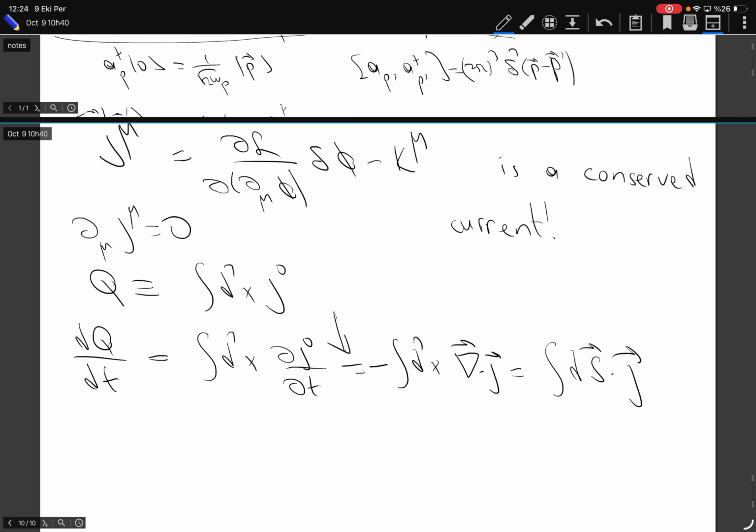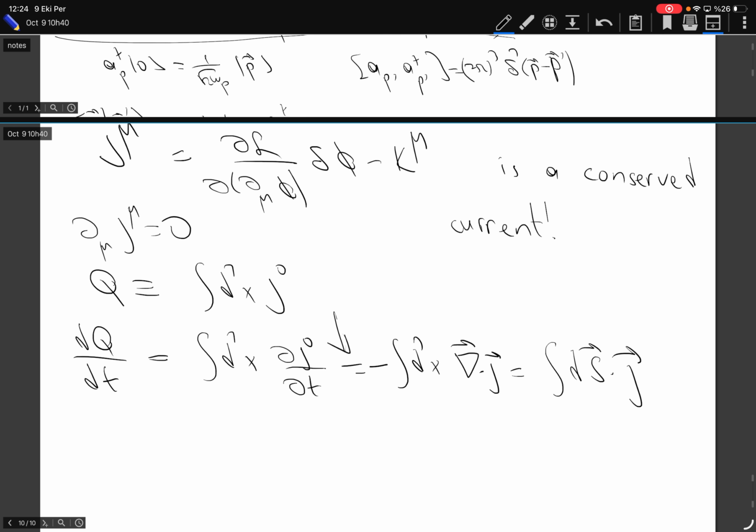Now, you can either say that my surface is at infinity, then Q is the total charge in the universe, so that surface integral at infinity is 0, and hence the total charge in the universe is conserved. That's one way of interpreting this equation. Or you can say that I'm not looking at the whole universe, let me just look at a finite region in space.